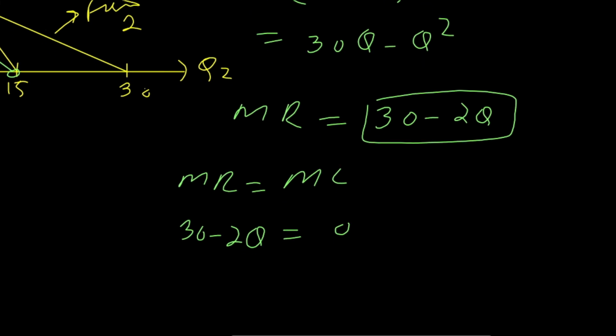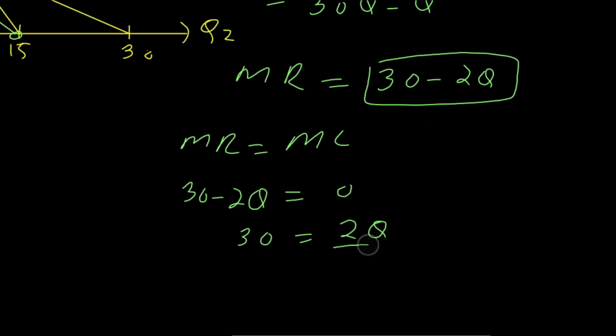So to find the value of Q, we move minus 2Q to the other side, so it becomes positive. 2Q equals 30, and to remove this 2, we divide both sides by 2. So 2 and 2 will be cancelled, and 2 15s are 30. So Q is equal to 15.